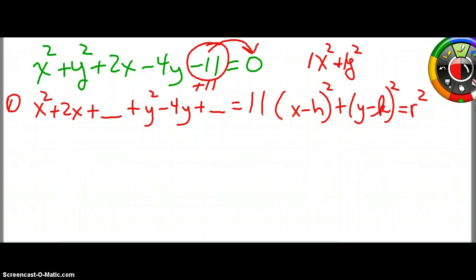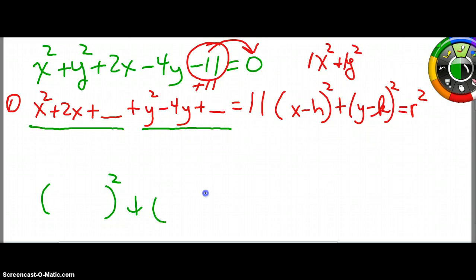Now, what we have to do is try to get the x terms into some quantity squared, and our y terms into some quantity squared, so that I can identify the center. This process is what we call completing the square.